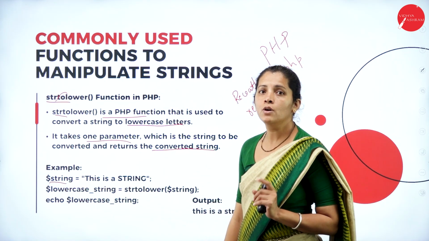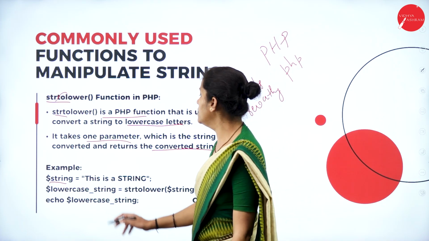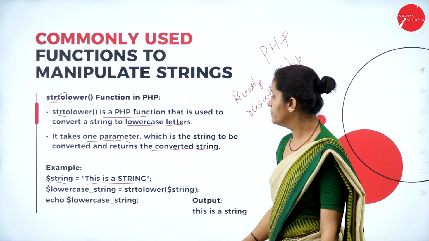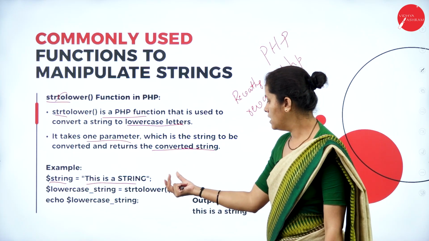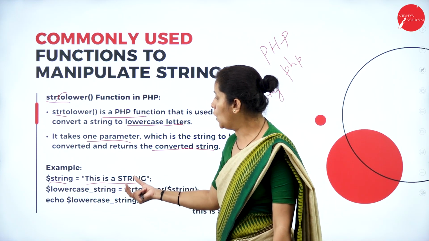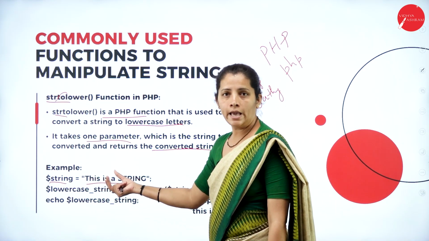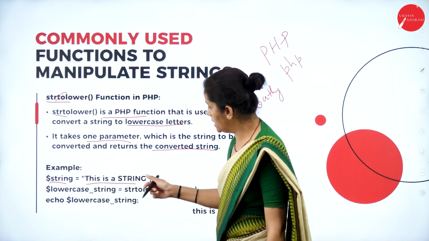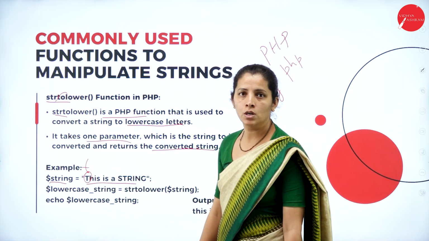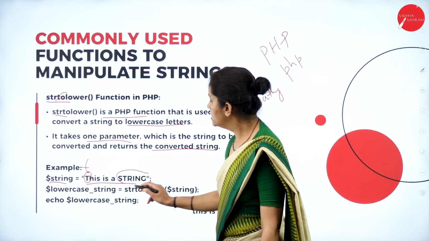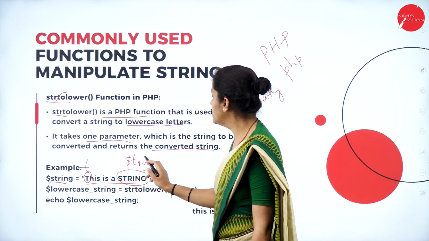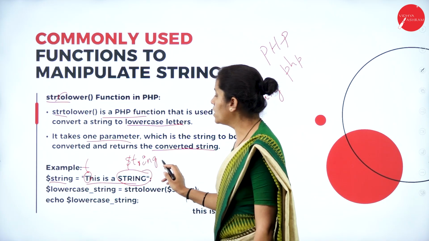Now, this is my example. I have the variable called string, and I have this string, "This is a string." When I call string to lowercase, see here, this uppercase must be converted to lowercase, and here the string must be converted to lowercase. This is the output I'm expecting.